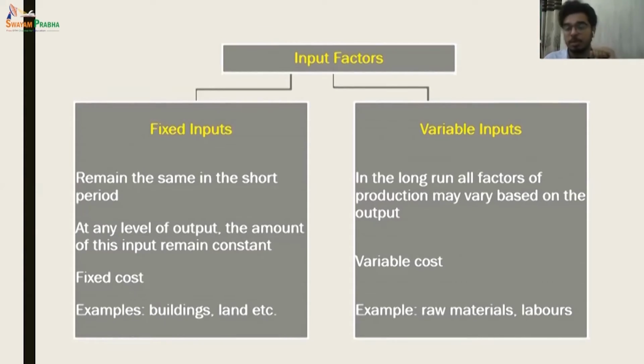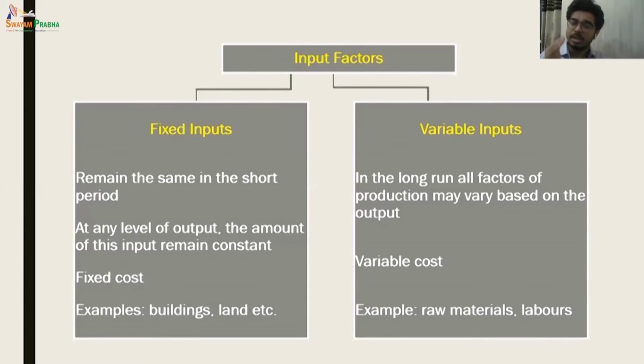Whereas for variable input, in the long run, all factors of production may vary based on the output. If the output is increasing, you can change the number of inputs. If the output is decreasing, you can also change the number of inputs. So all the inputs vary with the output, right?